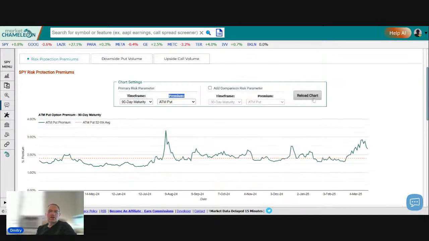I'm going to reload that, and here we see that currently the cost is 2.3%. So for every $100, to insure every $100 worth of SPY stock costs $2.30 for a 90-day option, which is above the average of 1.8%.